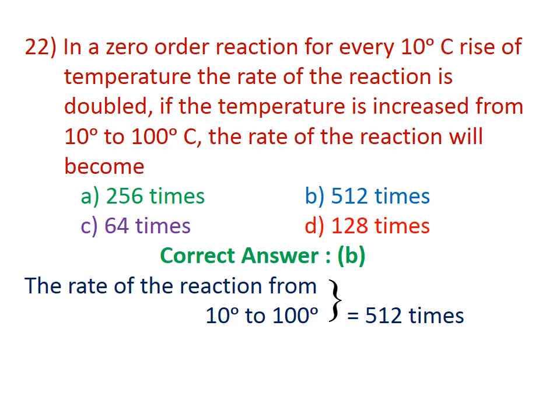The 2 power 9 will be equal to 512 times. The correct answer is B. You have to consider that for every 10 degree rise the rate of the reaction is doubled, so 10 degrees to 100 degrees means 2 power 9. Therefore, the correct option is B.